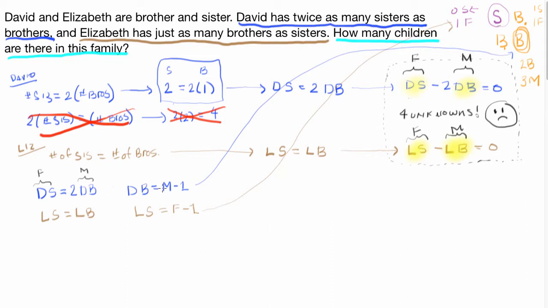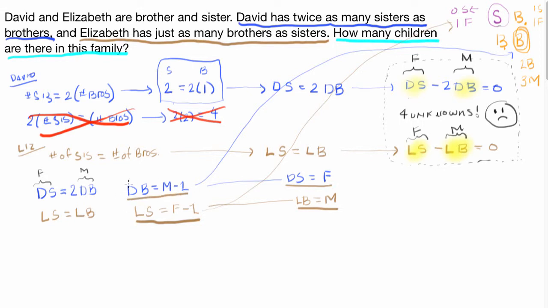So DB in this case is adjusted, but DS doesn't adjust, so it just becomes sisters, or females, sorry about that. Remember, we're converting to males and females. Liz's brothers just convert completely to males. So now we've got our conversions.